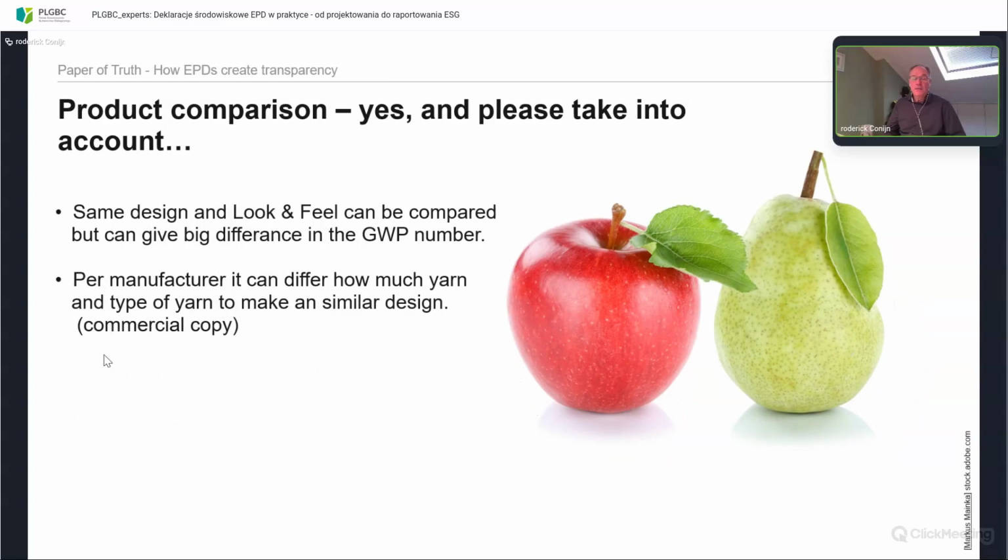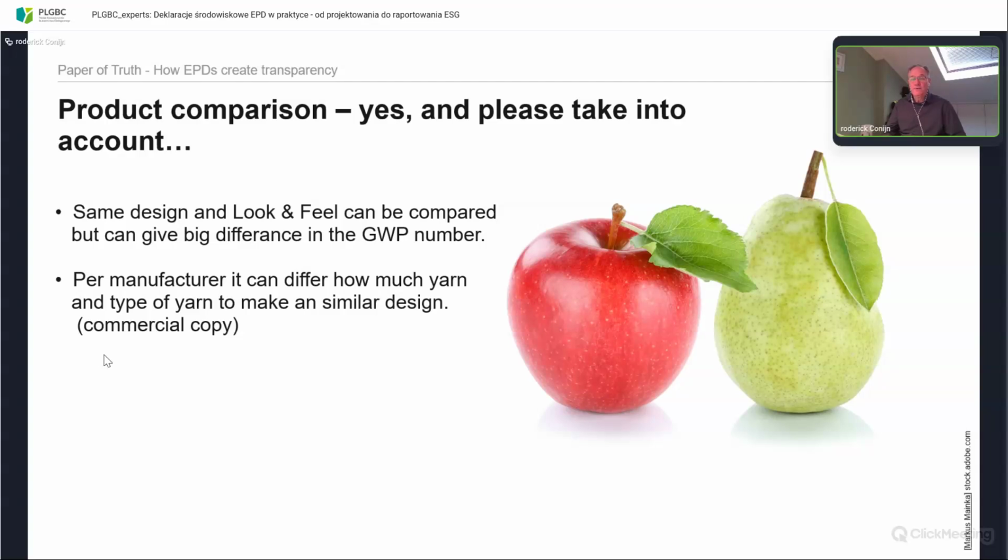But also, I think an apple and pear comparison is something you will come across more than an apple-to-apple comparison. For example, there will be products with almost the same look and feel, but between different manufacturers the difference can be the type of yarn and the weight of the yarn.